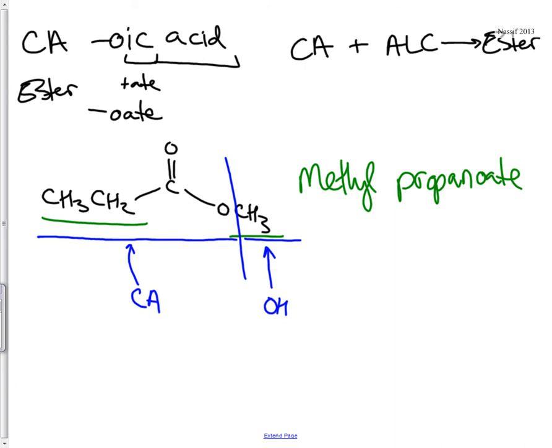So when naming an ester, the last name of the ester attaches to the carboxylic acid prefix. So if this prop group, or 3 carbons, comes from the carboxylic acid, it is a propanoate. Now we just have to name the part that came from the alcohol, or the methyl group. This is how we get the name methyl propanoate.